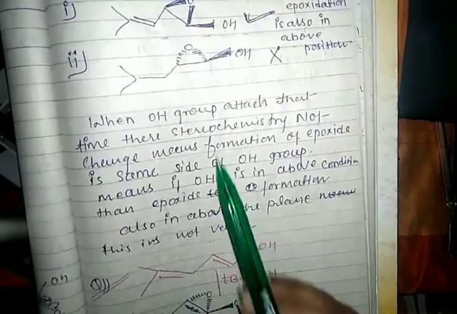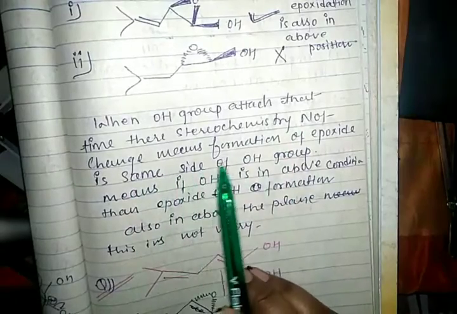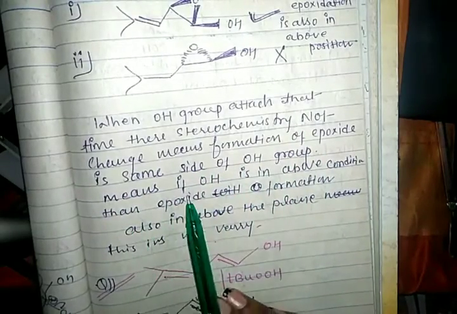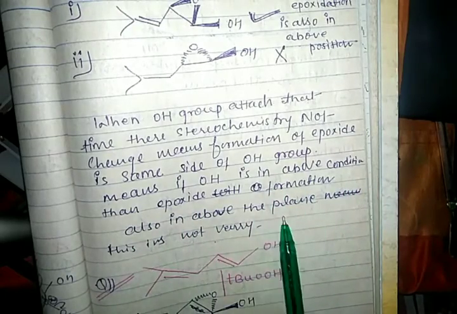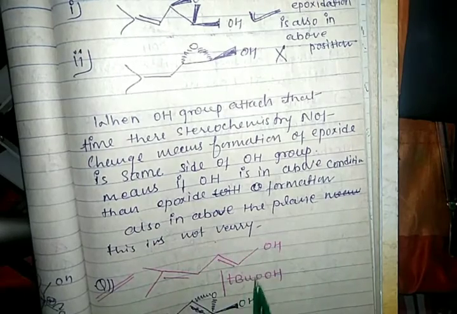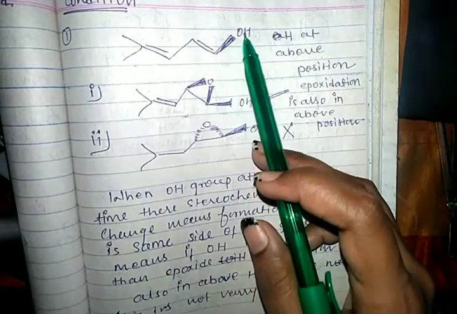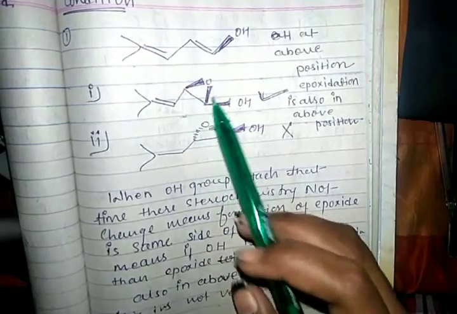When OH group attacks, their stereochemistry does not change, meaning the epoxide forms on the same side as the OH group. Meaning if OH is above the plane, then the epoxide formation is also above the plane. This does not vary. We see that OH is above the plane, so we get the product also above the plane.